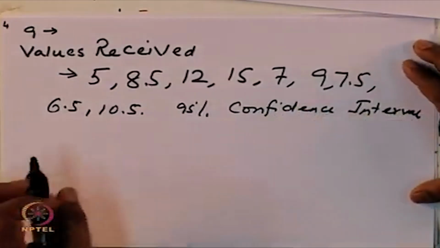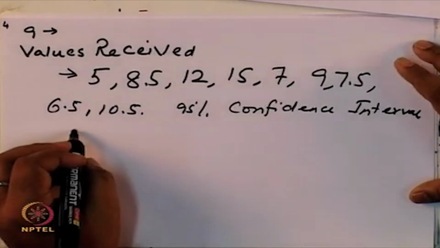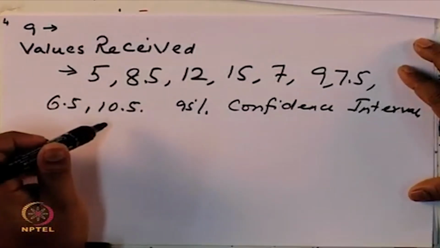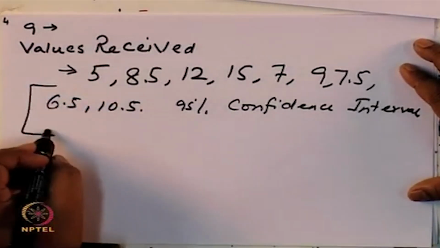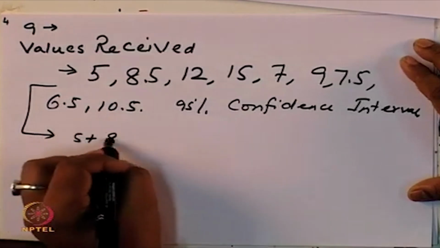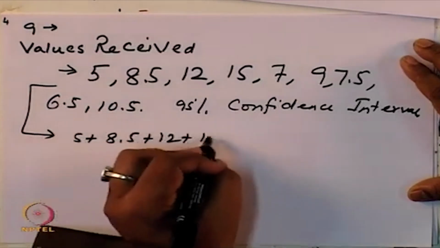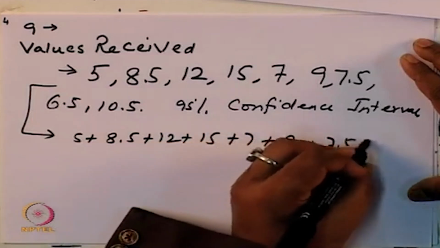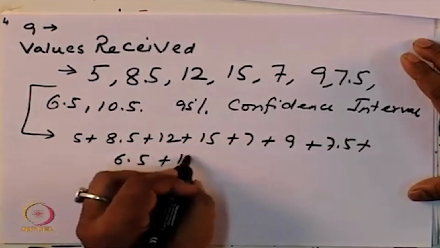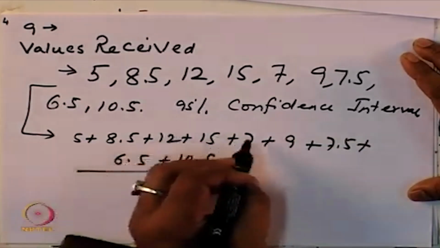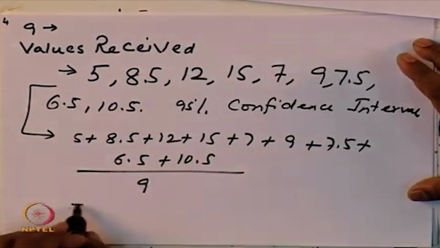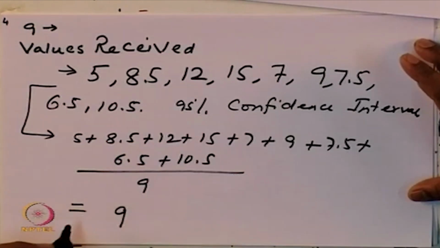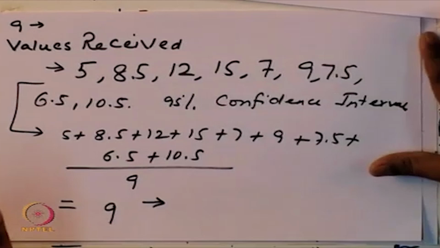So, what do we have? For the 95% confidence interval, your average is the sum 5 plus 8.5 plus 12 plus 15 plus 7 plus 9 plus 7.5 plus 6.5 plus 10.5, divided by 9, and if you plug in the values, this comes out to be 9.